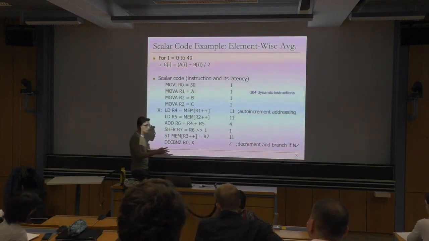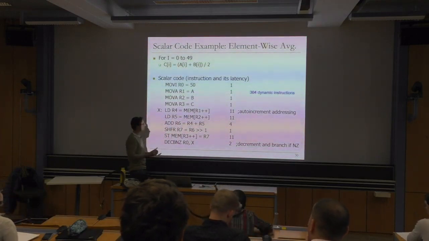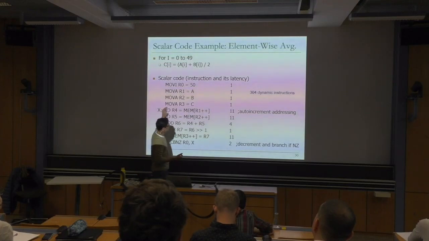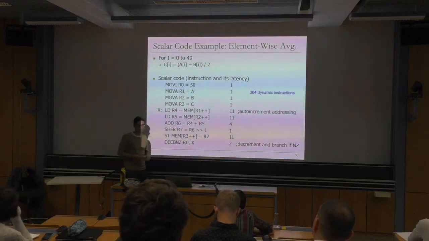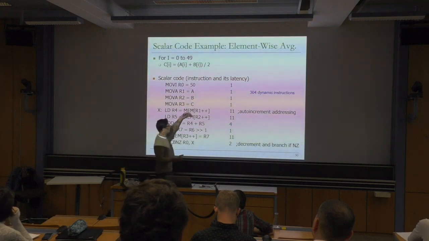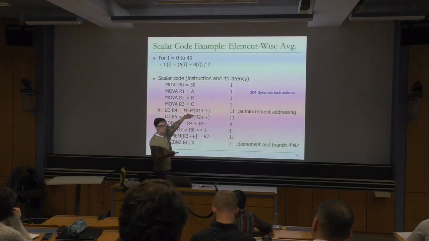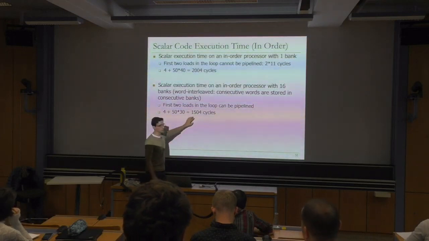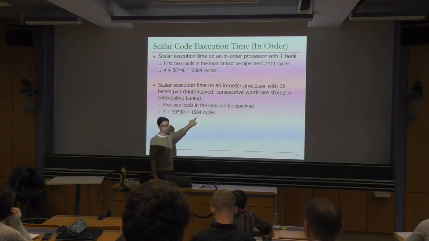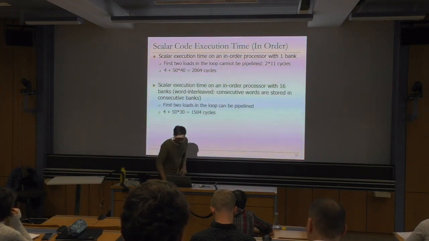They are in different banks, so we can be reading both at the same time, right? So the good thing is that these 11 cycles can be overlapped, right? You already know that, right? So in the first cycle we issue this request, in the next cycle we issue this request, 11 cycles later we get this value, and 1 cycle later we get this value. So if we do that, then we can reduce the total number of cycles to 1504 cycles, okay?